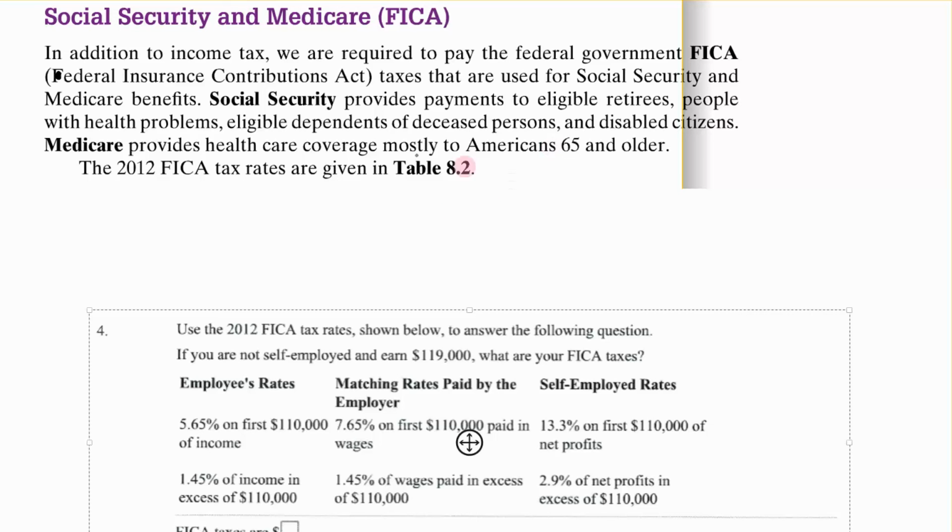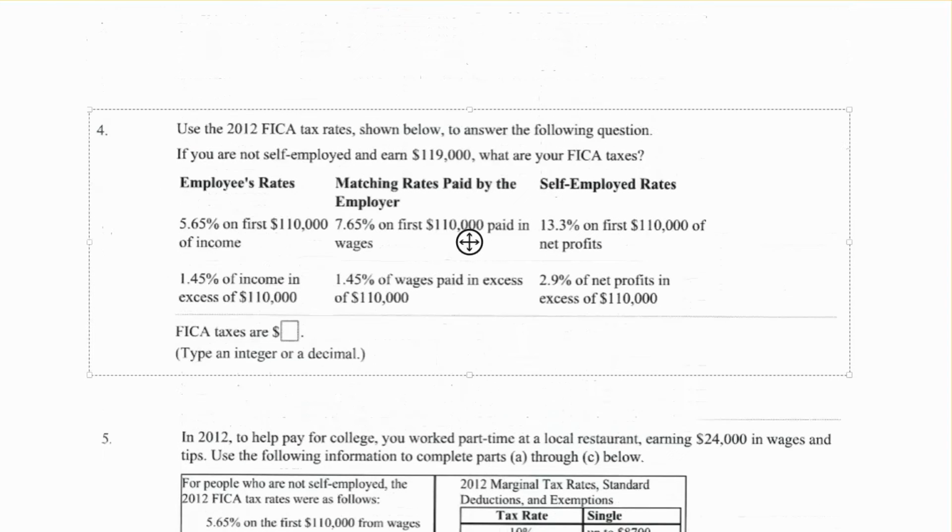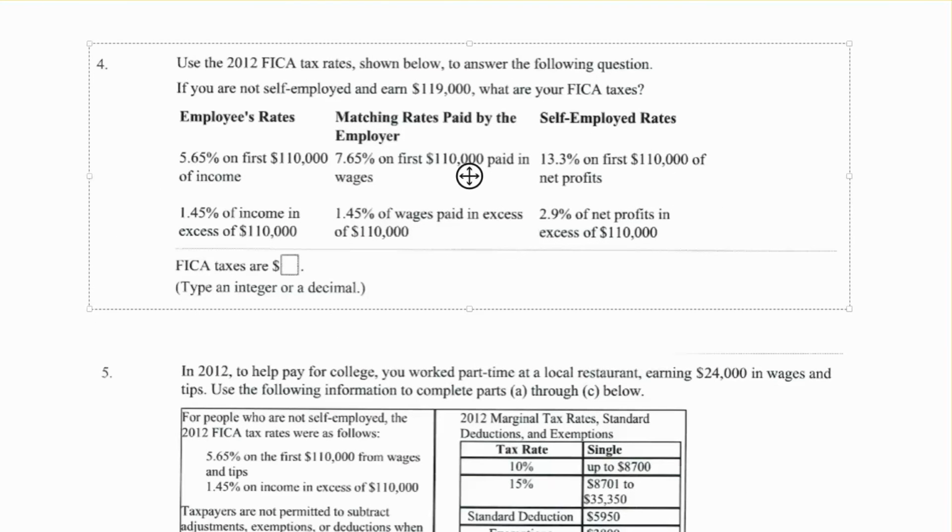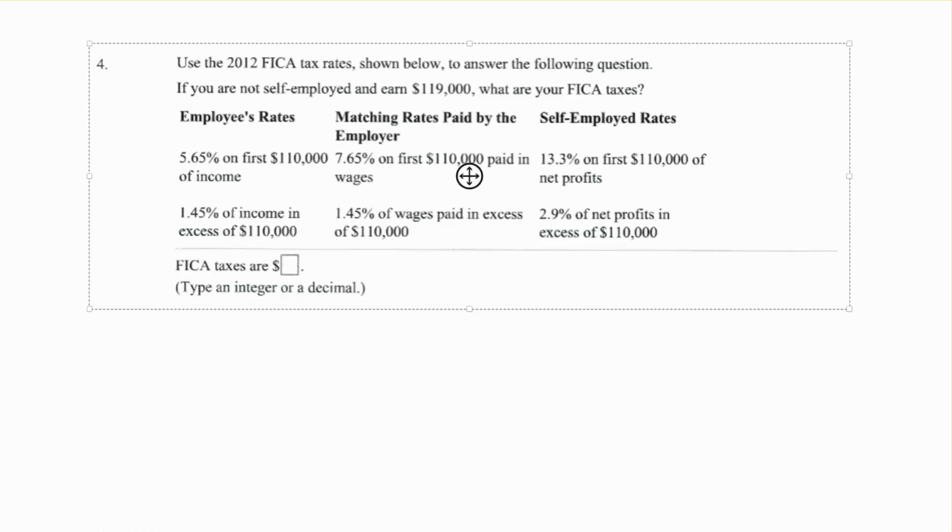Okay, if you look in your ebook, the FICA tax rate is on table 8.2, but what we need is given within our problems. So let's take a look, and we're going to find again this graduated tax rate.